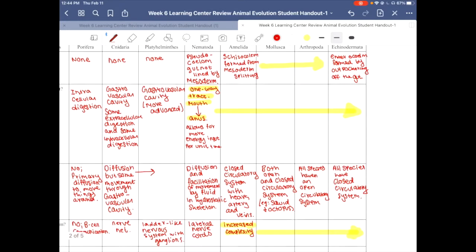If they're asking you between Nematoda and Annelida, is increased muscle complexity a key characteristic, then you would say yes, because in the Nematoda you don't have increased complexity, you have lateral nerve cords, so it is different that the Annelida has increased complexity. However, if they were to ask you if increased complexity is a key characteristic between the Mollusca and the Arthropoda, the answer would be no, because they both have the same increased complexity. So that's not a key difference between both of them.